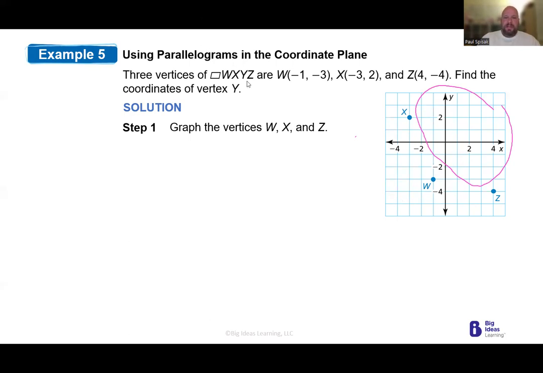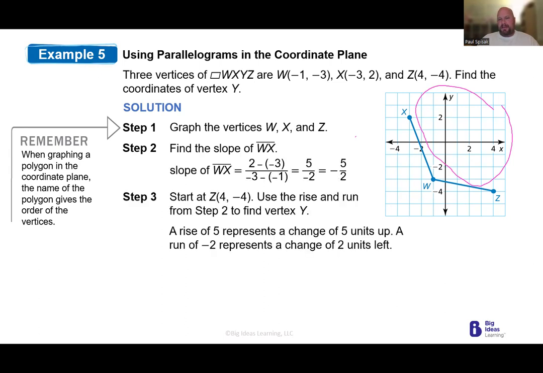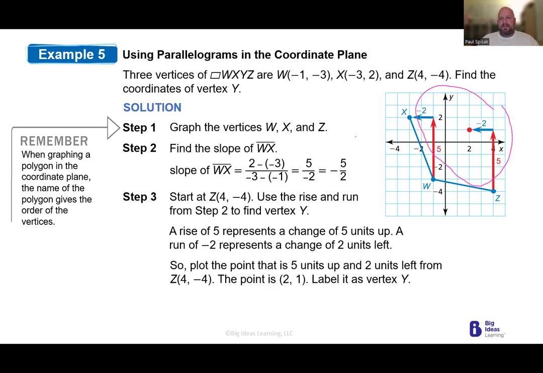You can look for the line that would be parallel to WZ, or you could look for the line that's parallel to WX. So they have both of those drawn in here. We are using WX on this slide. So if we find the slope of WX, they make this a little bit more complicated than I really feel like it has to be. But we're going to repeat that slope on the other side in order to find that point.